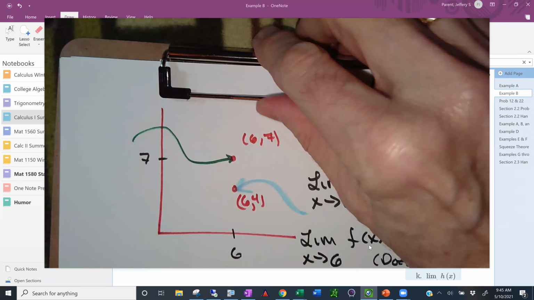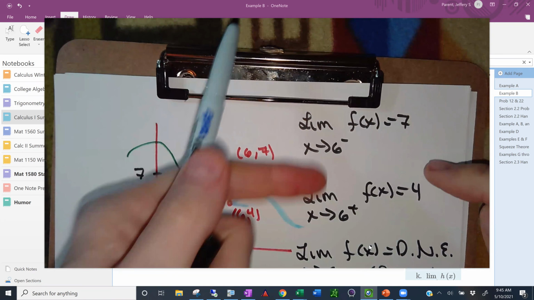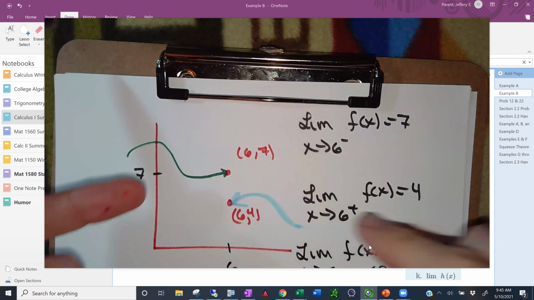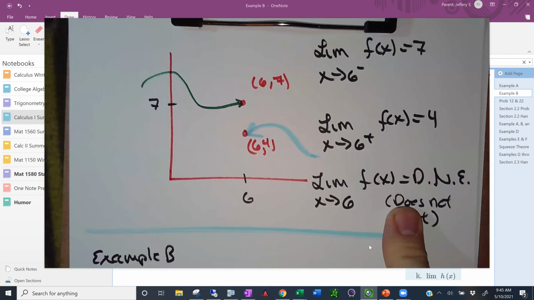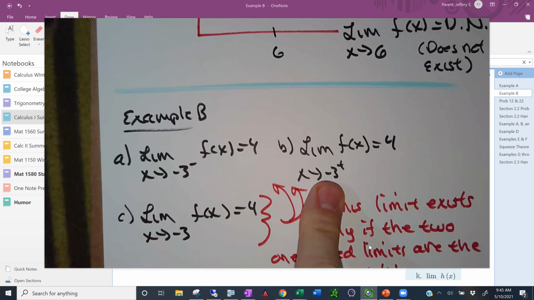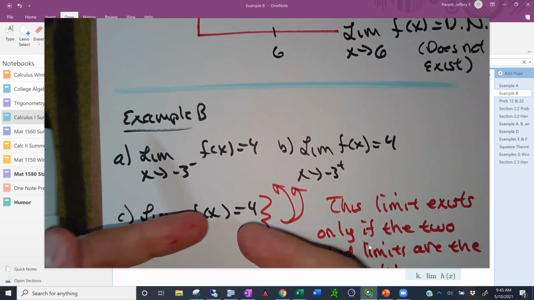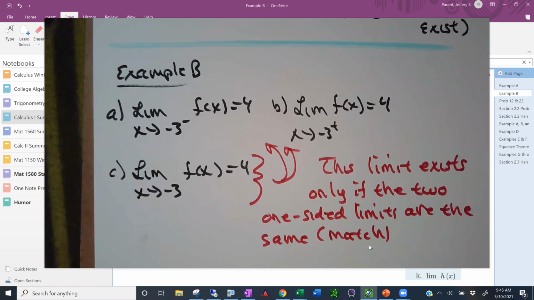So these two numbers aren't the same. They're going to different points. So that's why this one didn't exist. These two are the same. That makes sense. And if those two are the same, then this one exists. Okay, thank you. Appreciate it, Sarah.